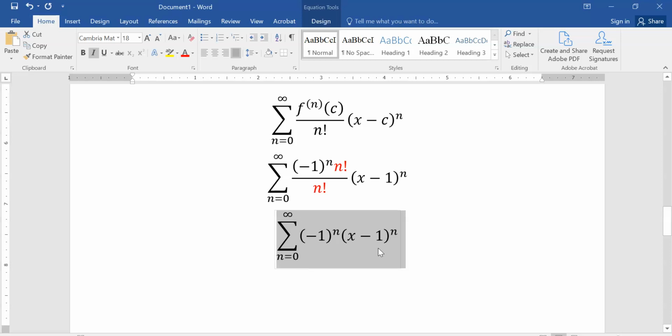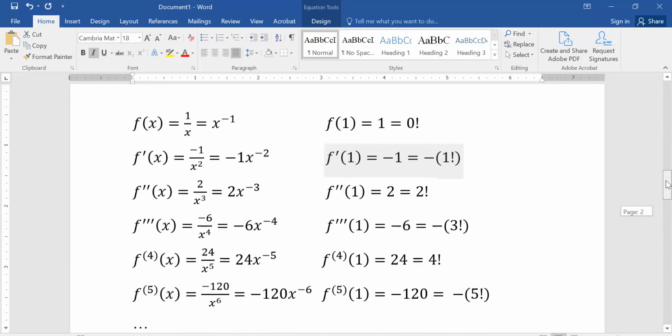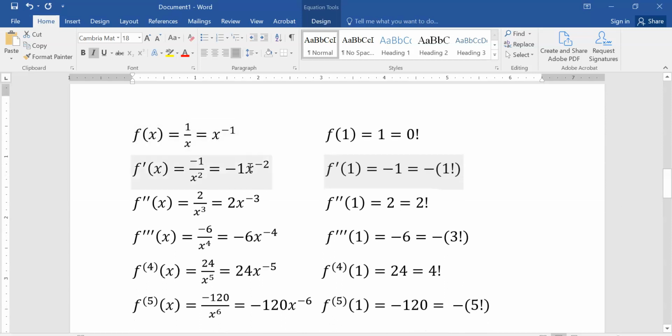Now, obviously, this thing is going to converge not everywhere, but at certain values for x. In fact, this one converges, what would that converge? I think from 0 to 2. So I should say when x is between 0 and 2, this infinite series converges, and moreover, it's equal exactly to 1 over x.